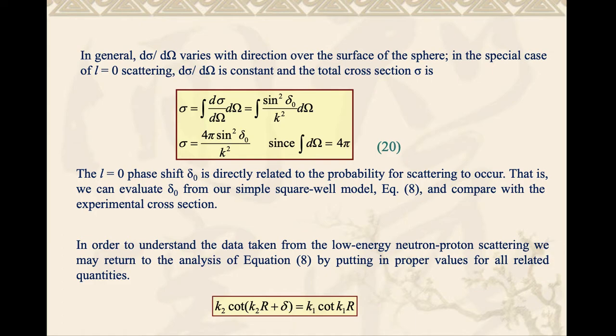We have mentioned that this delta is positive for an attractive potential, negative for a repulsive potential, and equal to 0 for a free particle. K1 is within the square well, and K2 is outside the square well. And we have the expressions for K1 and K2.